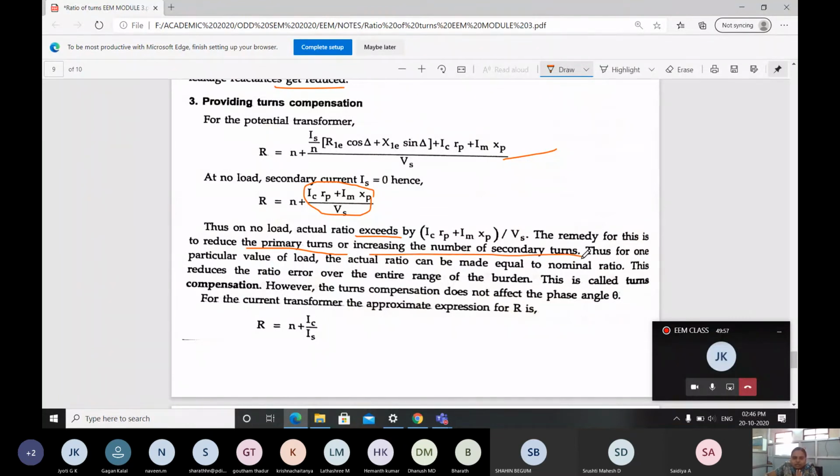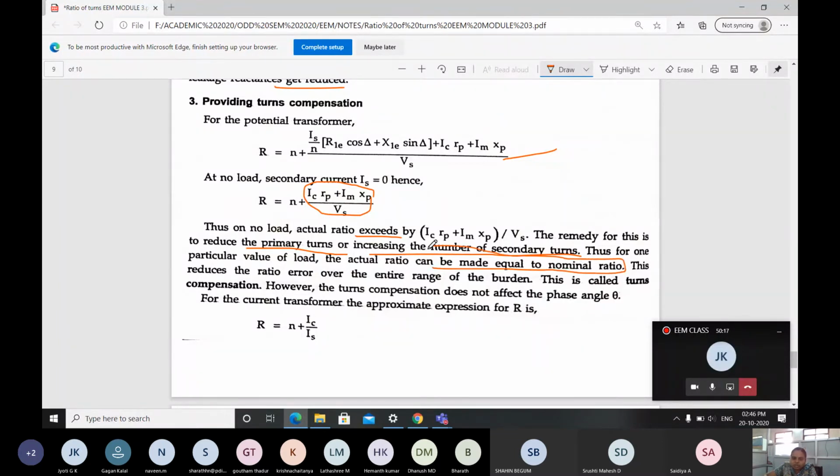What we have to do? Either we reduce the primary turns or else increase the number of secondary turns. Thus, for one particular value of the load, the actual ratio can be made equal to the nominal ratio.